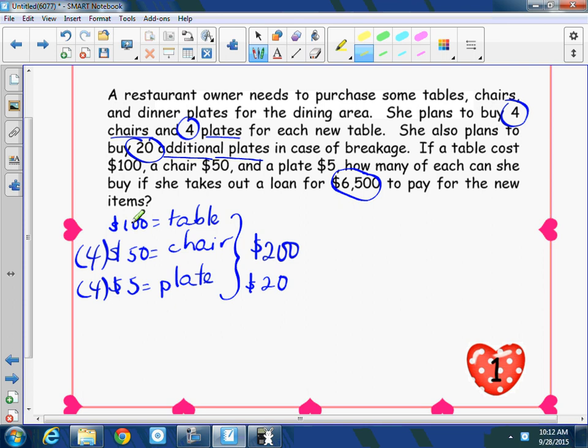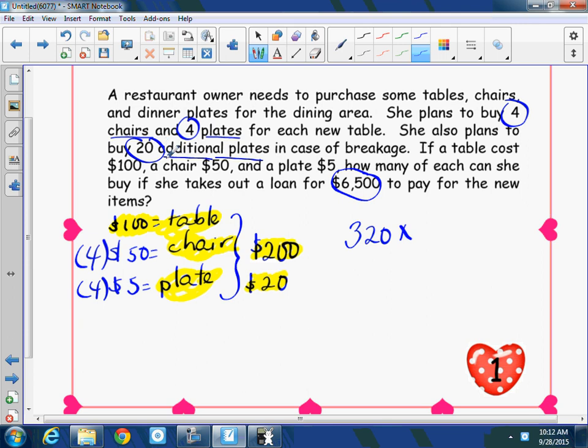Therefore, on each one of those, she's going to spend 100 per table, 200 for chairs, and then 20 for plates. So the grand total for each dining set would be 100 plus 200, which is 300, and then 20, which would be 320x, because I don't know how many sets I can buy.